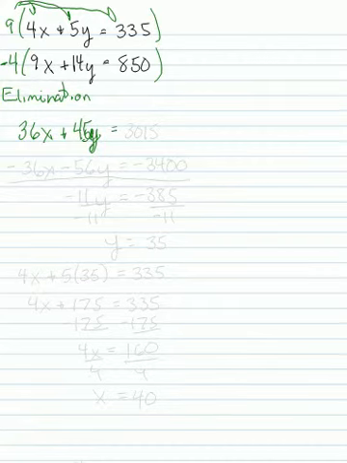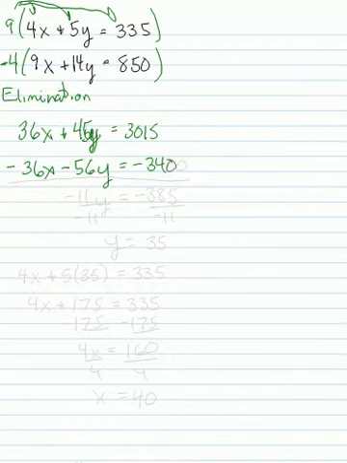And then 9 times 335 is 3015. Now, multiplying the negative 4 through, we get negative 36x minus 56y equals negative 3400.